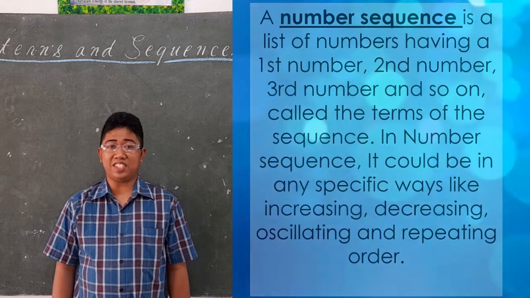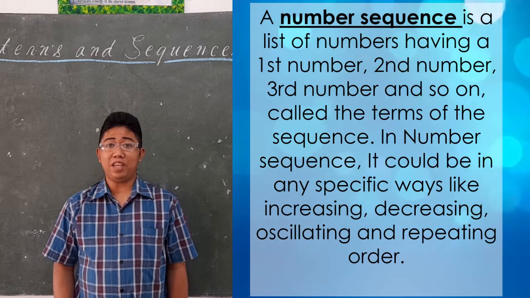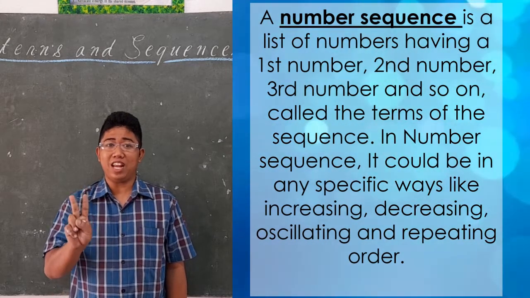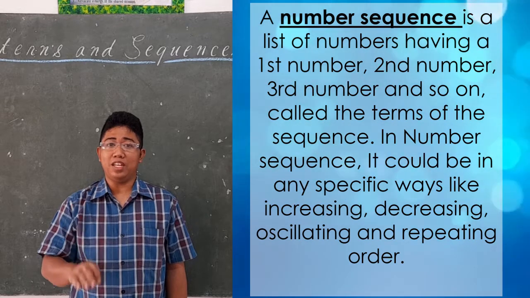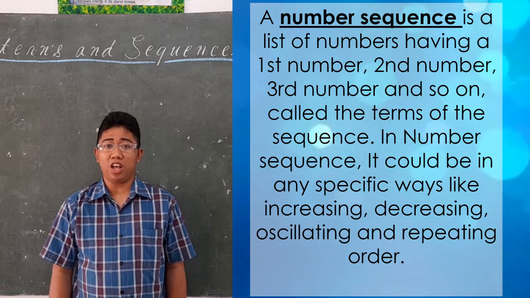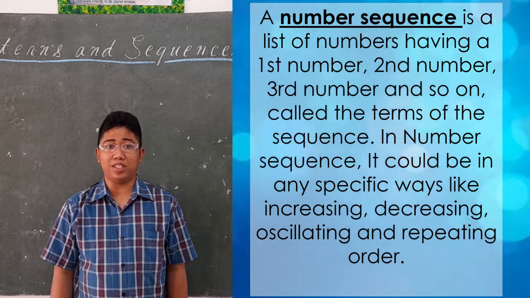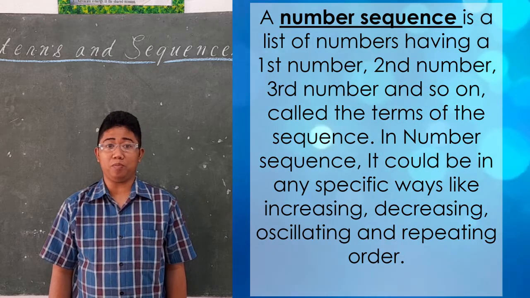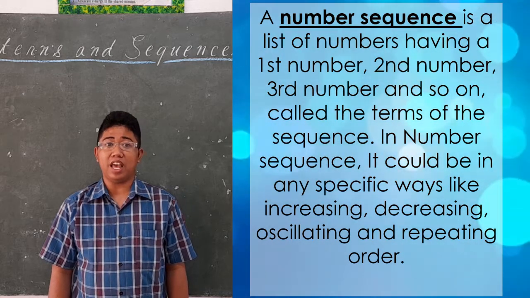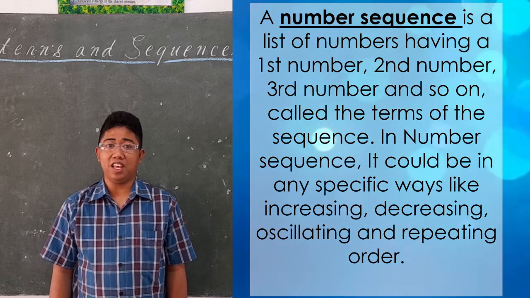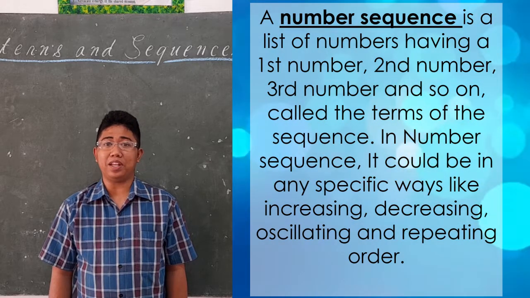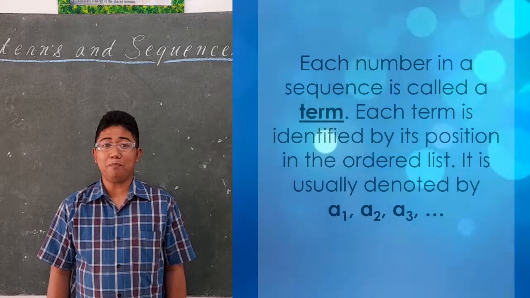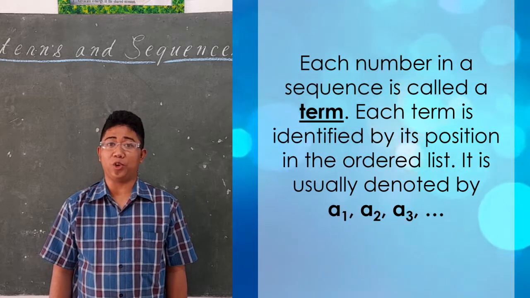A number sequence is a list of numbers having the first number, the second number, the third number, and so forth. All are the terms of the sequence. In a number sequence, the order could be increasing, decreasing, oscillating, or repeating. Each number in the sequence is what we call a term.